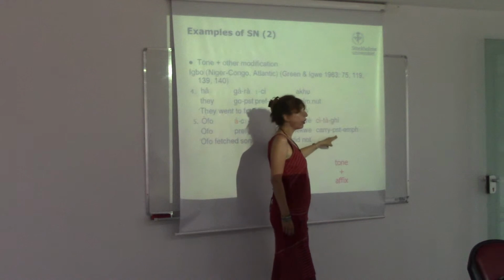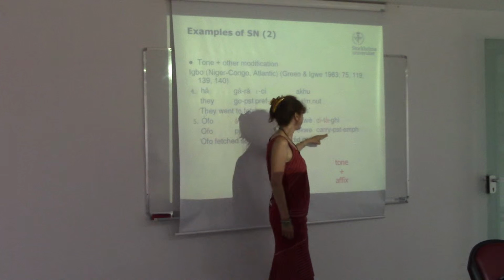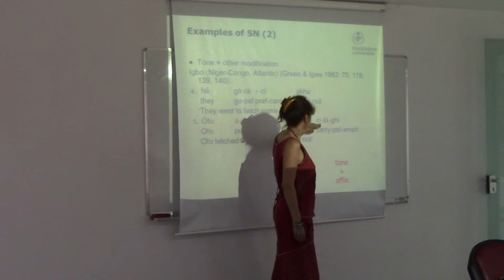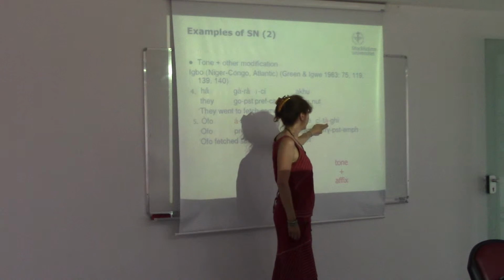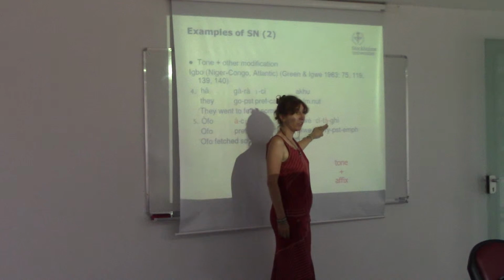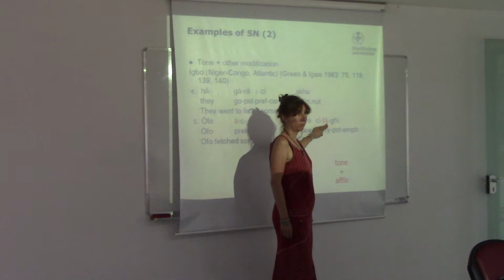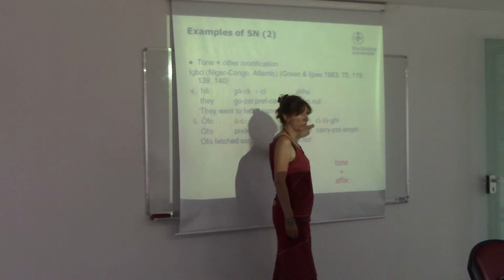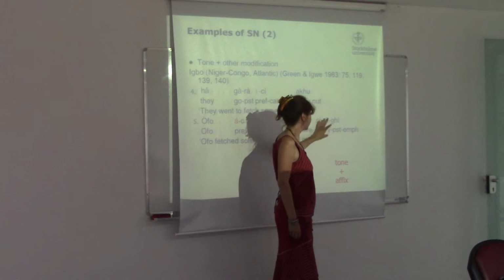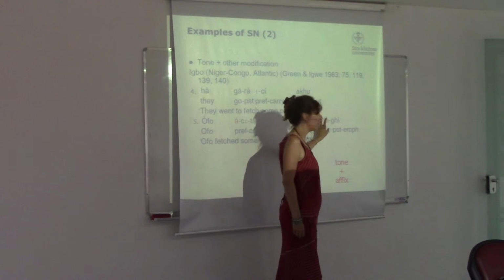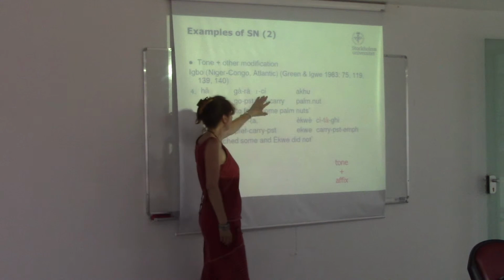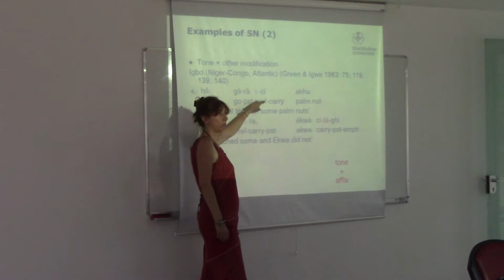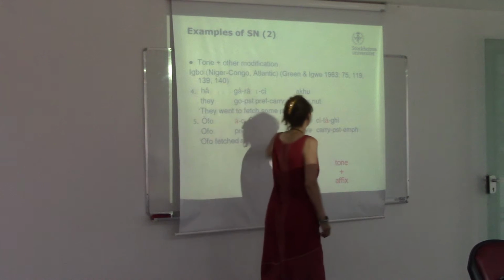Note that there is no express negative morpheme. What happens is that the stem carry gets a low tone, and the past tense morpheme gets a low tone as well. So negation is expressed by tone and the tense. Here the past tense is not there.